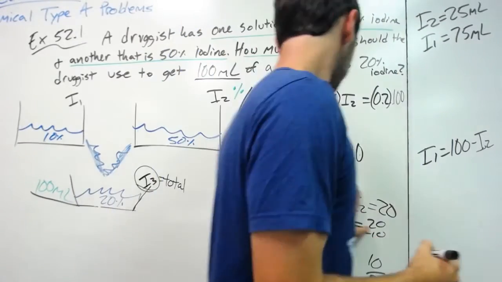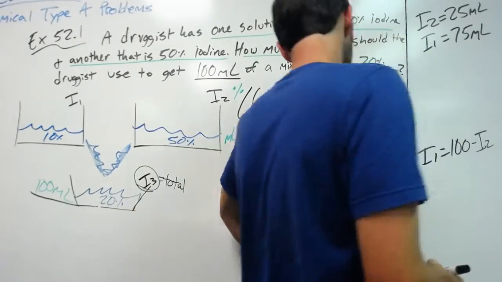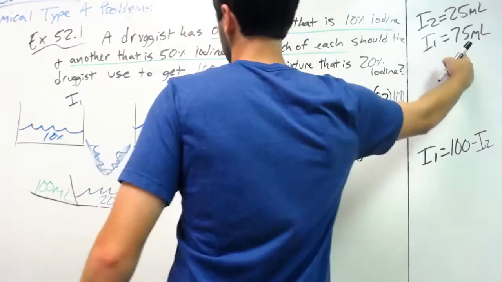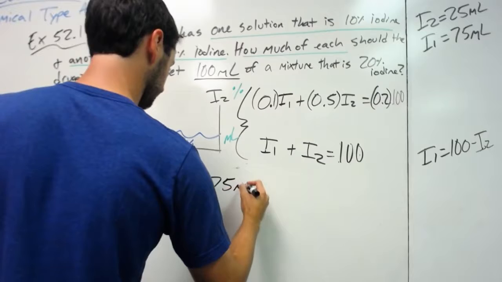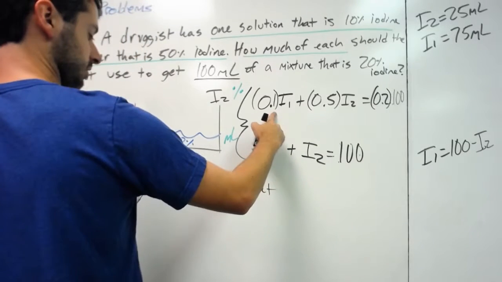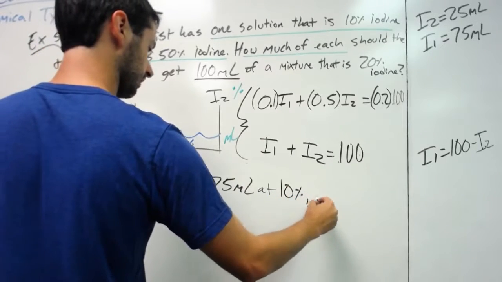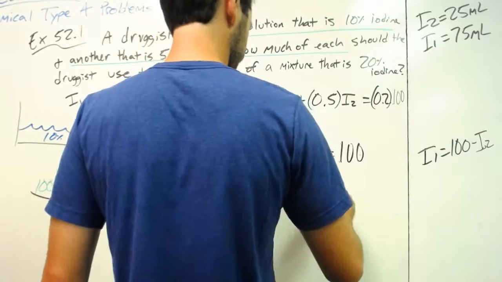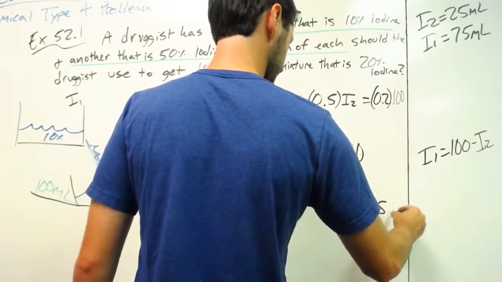So now that we've solved for iodine 1 and iodine 2, here is how you write the answer. We write iodine 1, 75 milliliters at its percentage of 10%, and 25 milliliters at 50%.